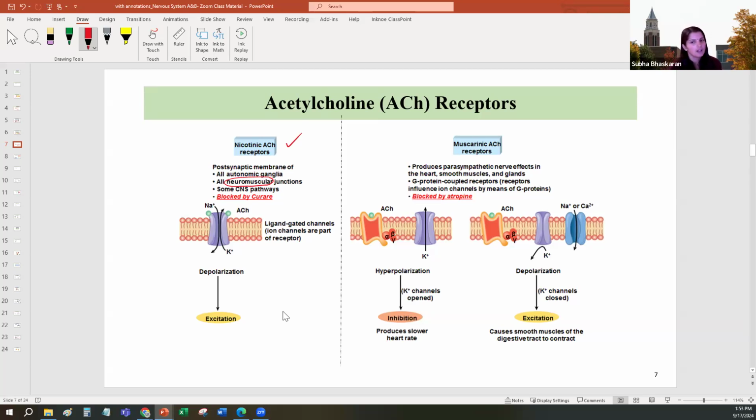Okay. And curare, the D-tubocurarine medication that we just talked about. Yes. Curare, muscle relaxant. Does that ring a bell? Right. So curare blocks what? And ACh. Right. That's the muscle relaxant.